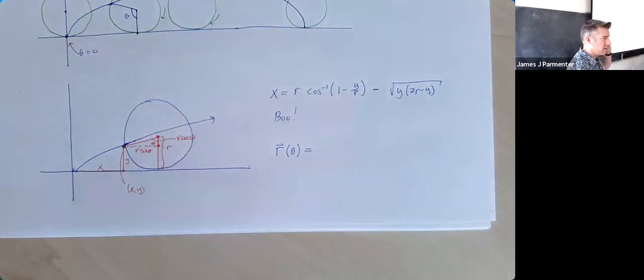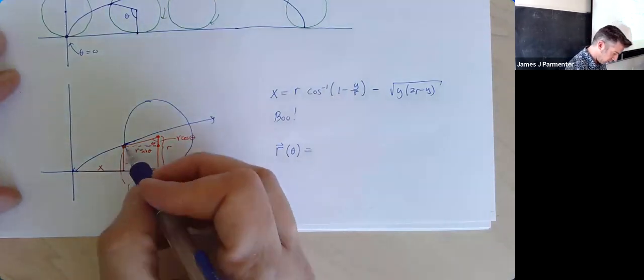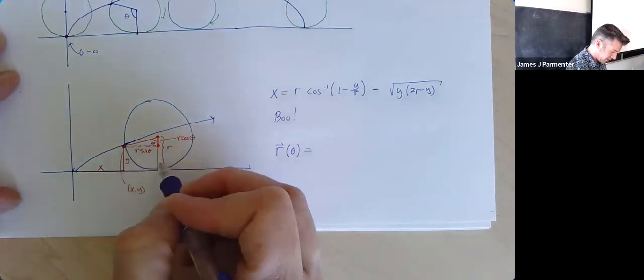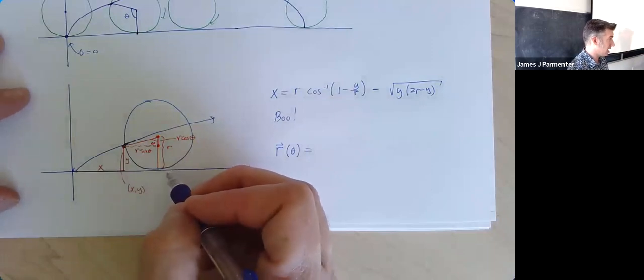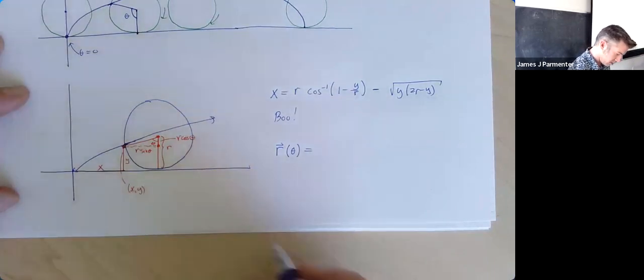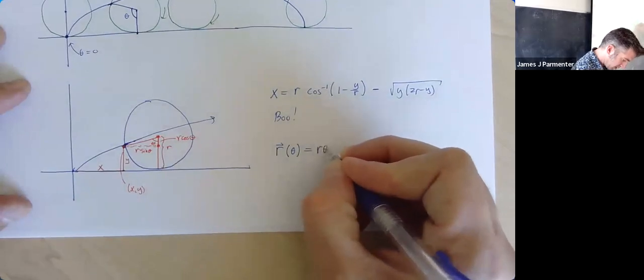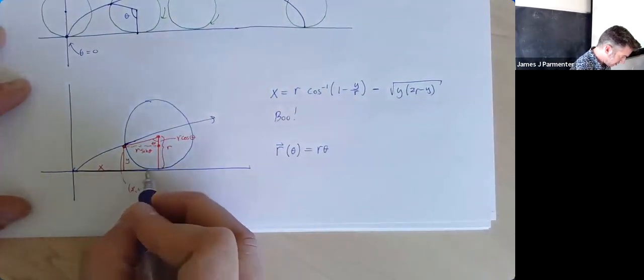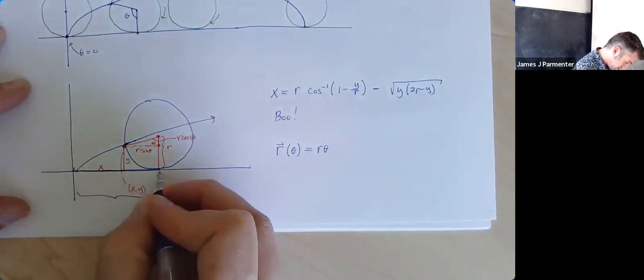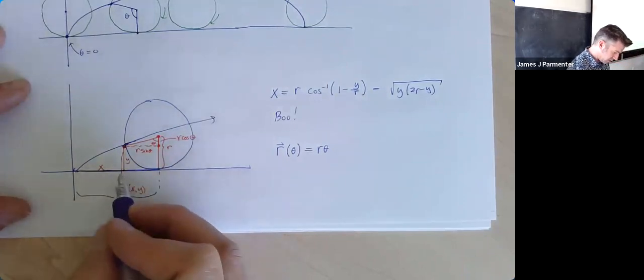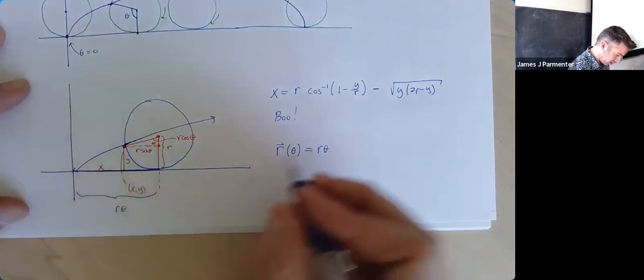Think about it this way: the circle really rolled out this length, and that arc length is exactly the radius times the angle you've rolled through. So that length is r theta, and then we subtract off this part here, which is r sine theta.